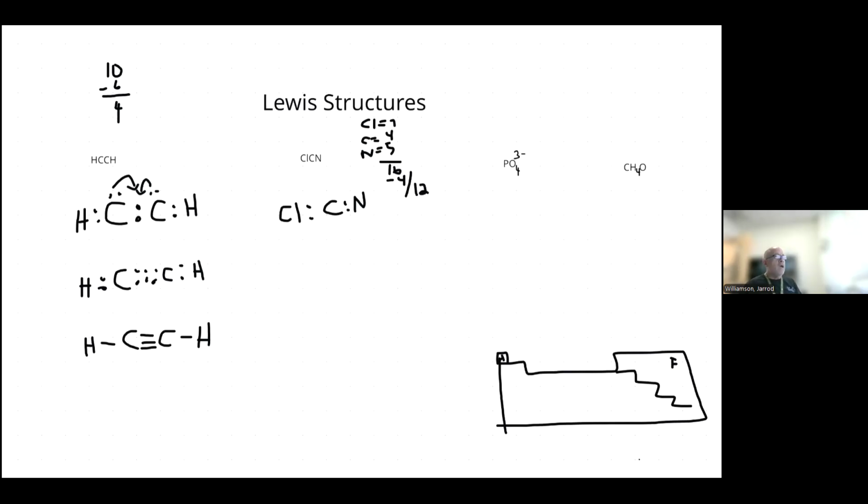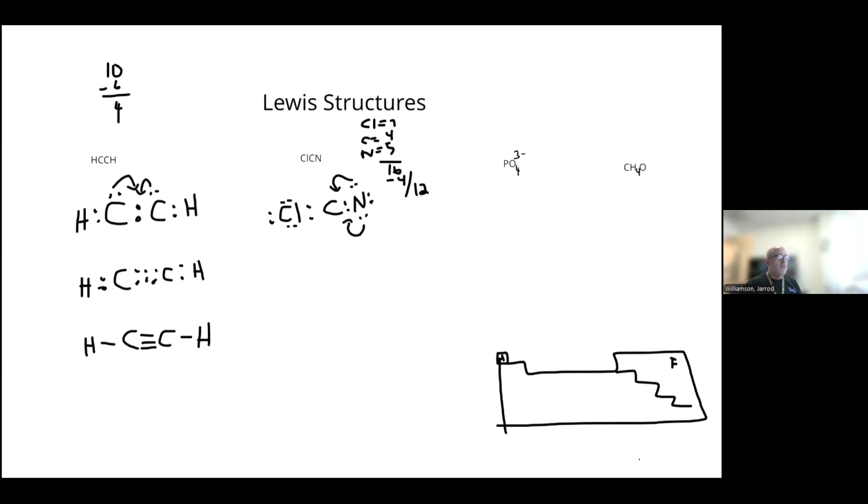Try and satisfy the octet rule. I'm going to go 1, 2, 3, 4, 5, 6, 7, 8, 9, 10, 11, 12. I've satisfied the octet rule for everybody except for carbon. So the way this is going to have its octet rule satisfied is the nitrogen is going to share 2 pairs of electrons.